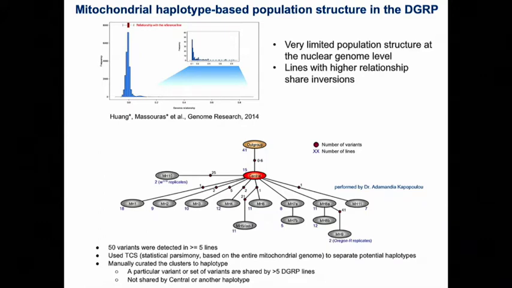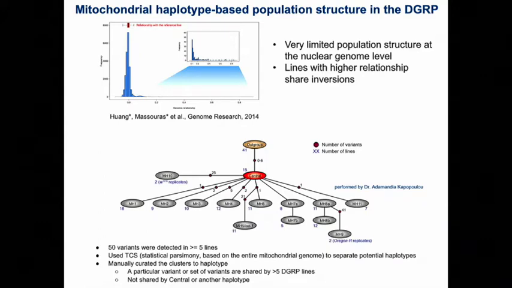And indeed, after cataloging based on 50 variants detected in at least 5 lines, we did see a total of 12 haplotypes that emerged based on this particular variant catalog. I have to say that this also involves some manual curation of the clusters, such that a particular variant or set of variants has to be shared by at least more than 5 DGRP lines in order to belong to a certain haplotype, and it should also not be shared by another haplotype.